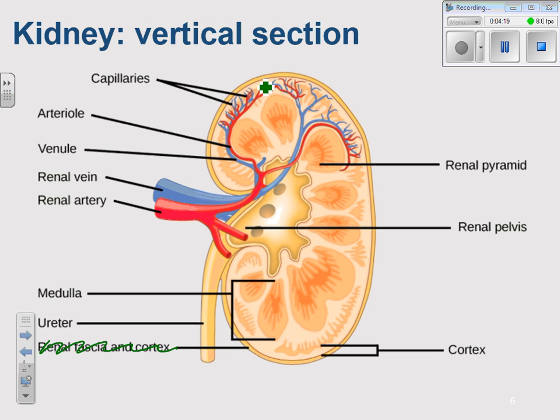The useful bits are the cortex being the outer layer, the medulla being the central layer, and the medulla is composed of these sections of tissue called pyramids. So they were the individual bits that look a bit like shells on the diagram, yeah? So the medulla is composed of pyramids, and then the pelvis here that leads into the ureter to drain the urine away. All right, so those are the important bits.